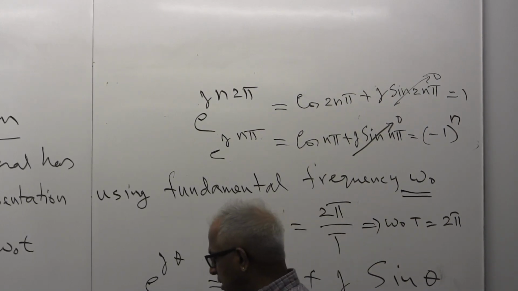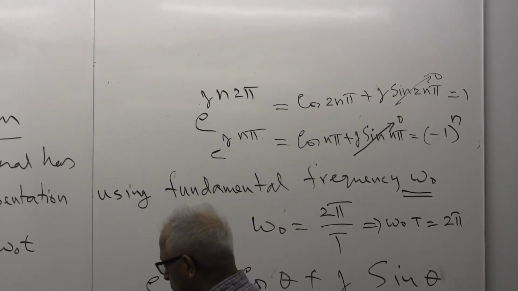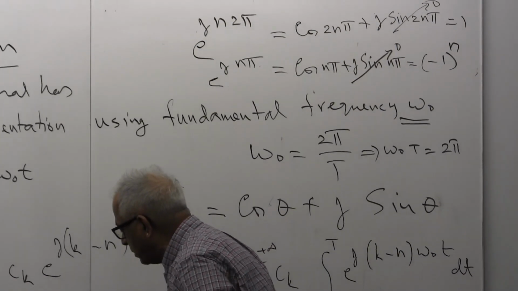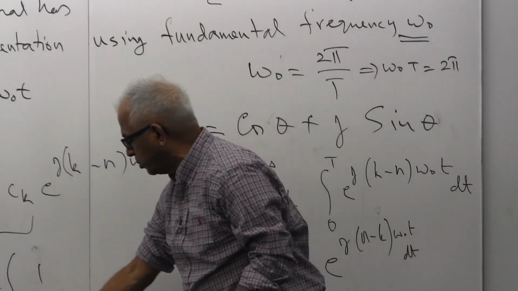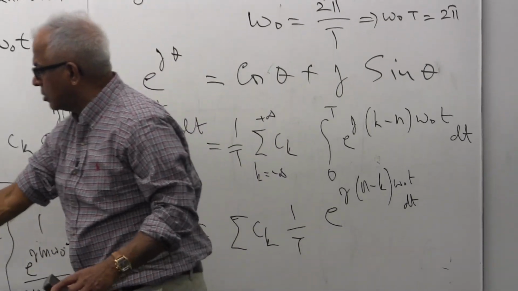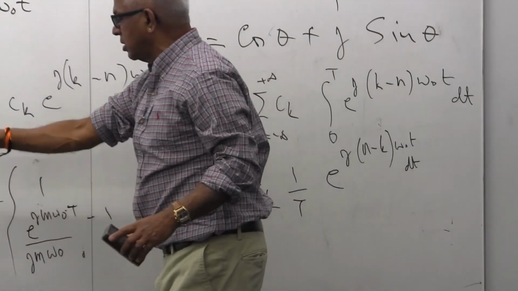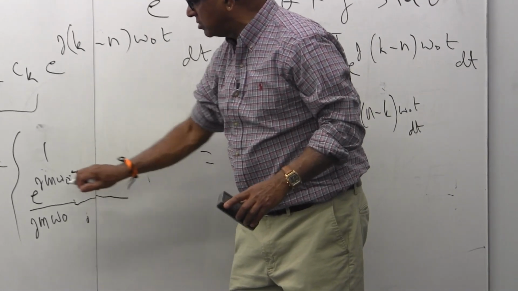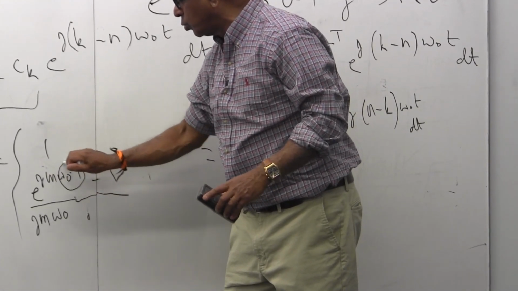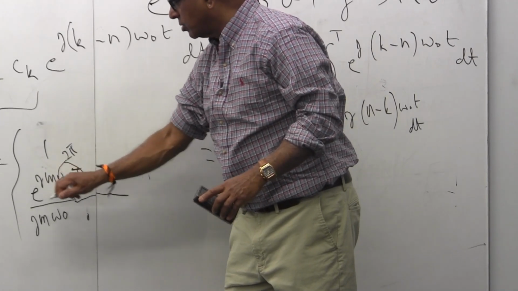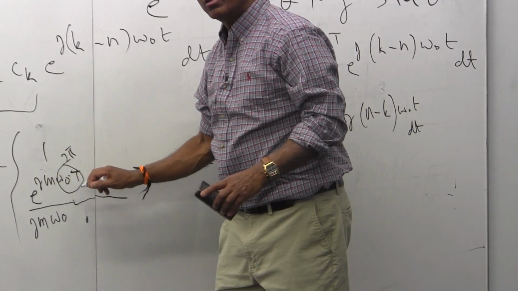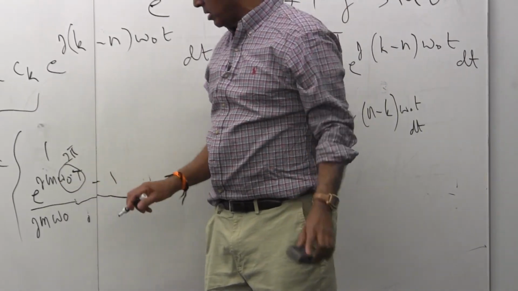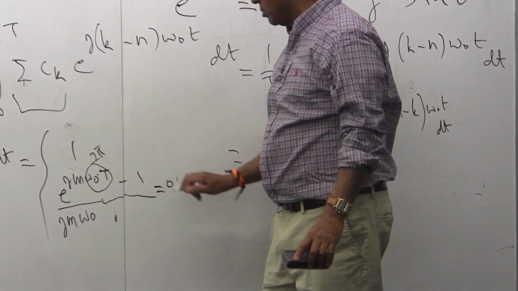Look here. When you put the top limit, this will come omega naught capital T, minus 1, because when you put 0 here, the whole thing goes to 0, so e raised to 0 is 1. So what is this value? We just went through this. This is 2 pi. So if m is not 0, this will be 1 minus 1, which is 0.